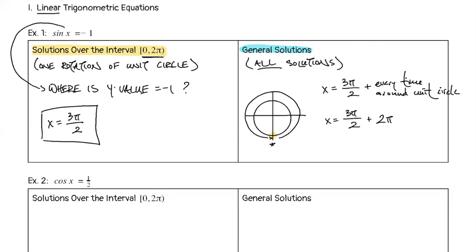How would I say it if I wanted to go around the circle 2 more times? Yeah, I could say 4 pi, right? 4 pi would mean I went around the circle 2 times. What about 3 times around the circle? It would be 6 pi, exactly.